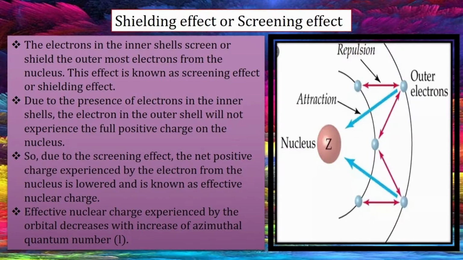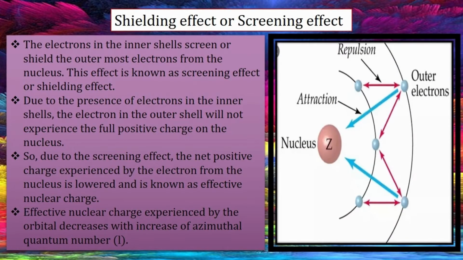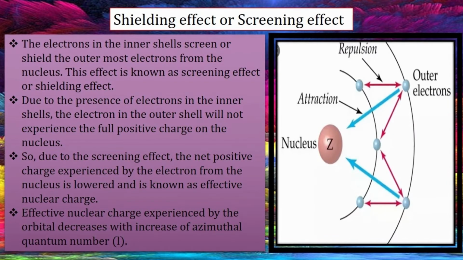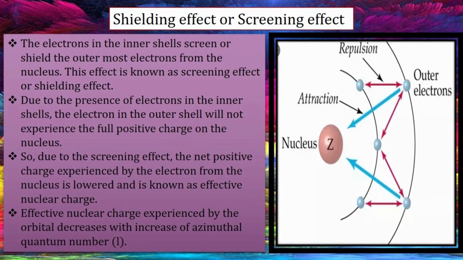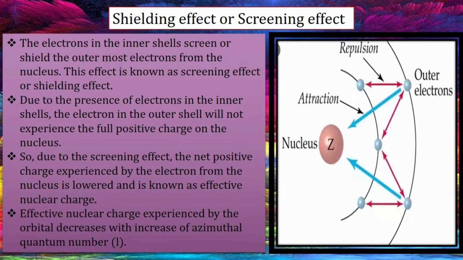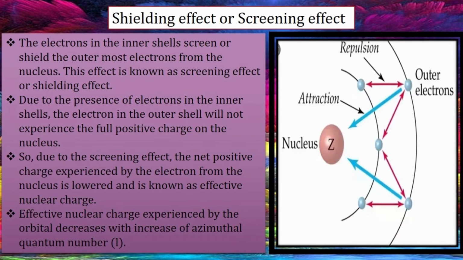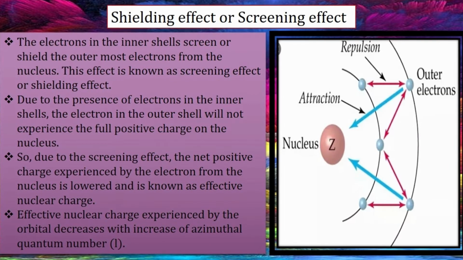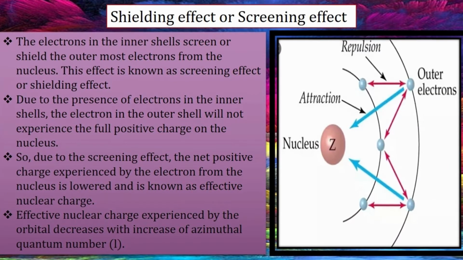Let's see what the screening effect or shielding effect is. In a multi-electron atom, the electrons occupying the inner energy levels tend to reduce the effect of nuclear charge on the electrons present in the outermost energy level.